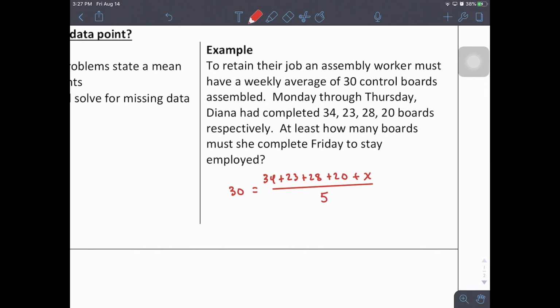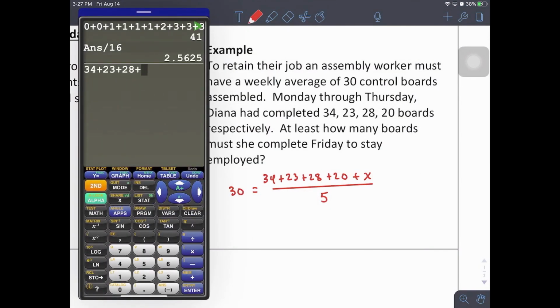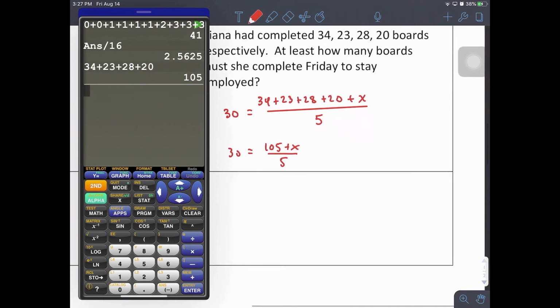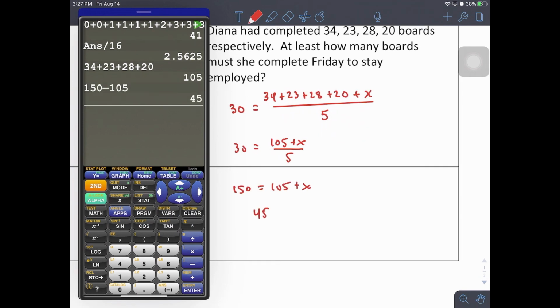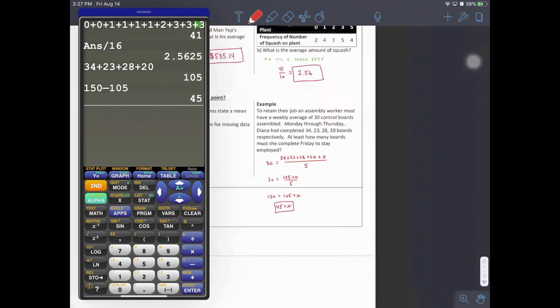So if we solve this equation, we're going to get what Diana needs Friday to stay employed. So Diana needs to complete 45 control boards in order to achieve the average of 30. And that's our video here on means.